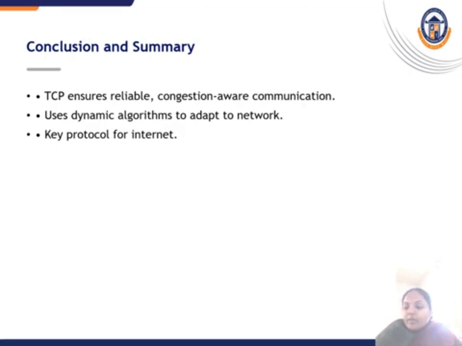The key congestion control mechanisms are slow start, which ramps up the data transfer; then congestion avoidance, which is mainly used for steady growth; and the third one is fast retransmit and recovery, which is mainly used for quick response to packet losses. These strategies make TCP both robust and adaptive in real-world network conditions.